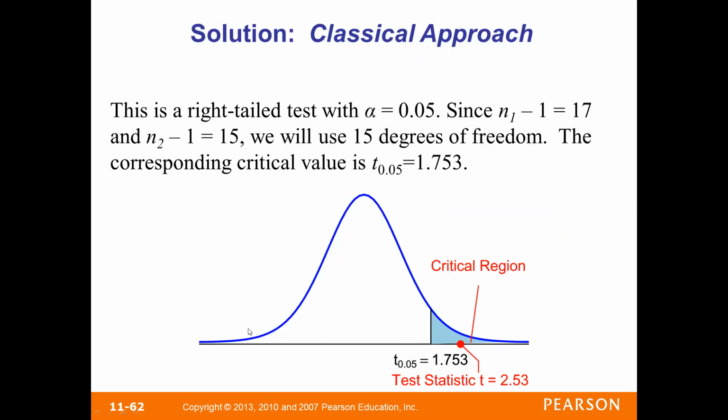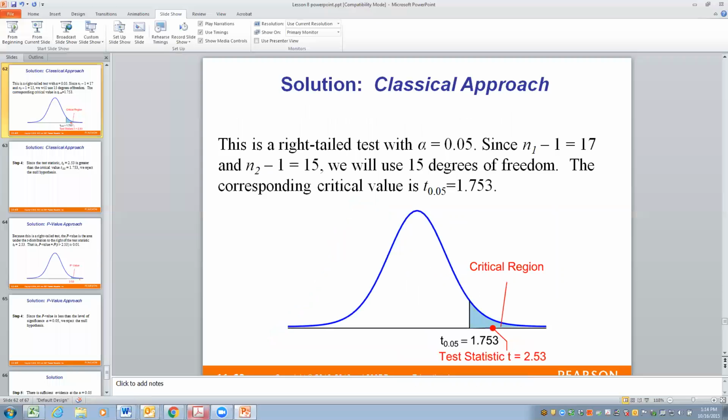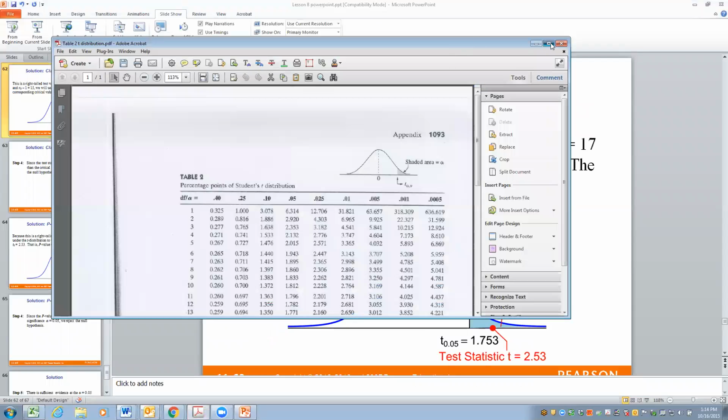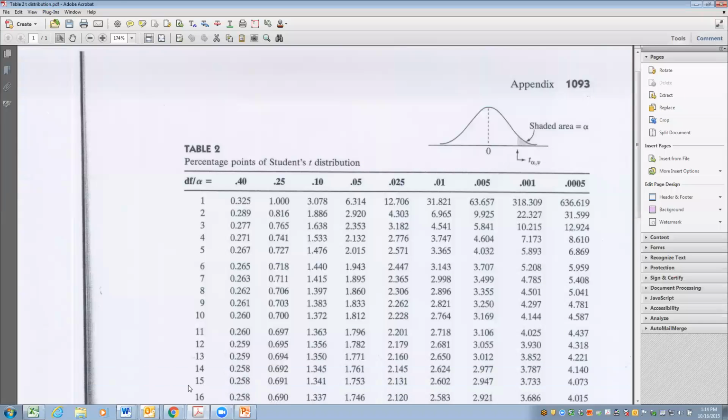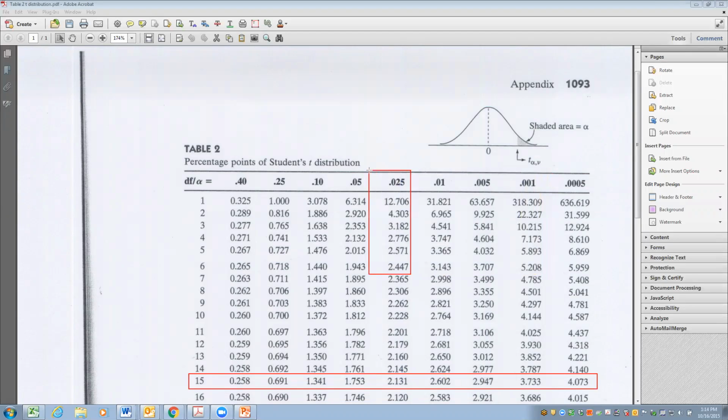So to get the critical value, I'm going to go to my t-table. I'm going to go to the 15 row. I am going to go to the 0.05 column. And I'll see 1.753.